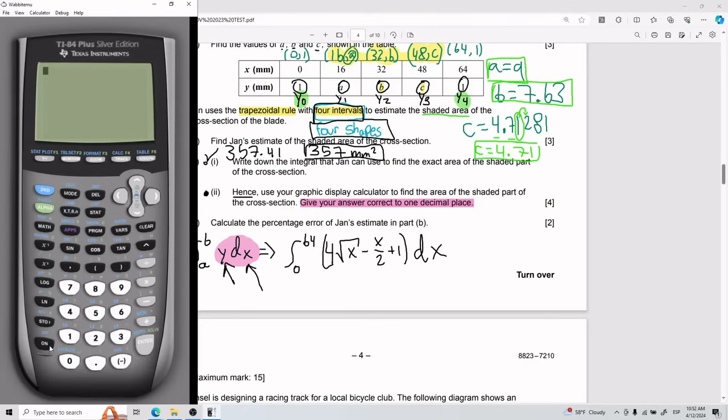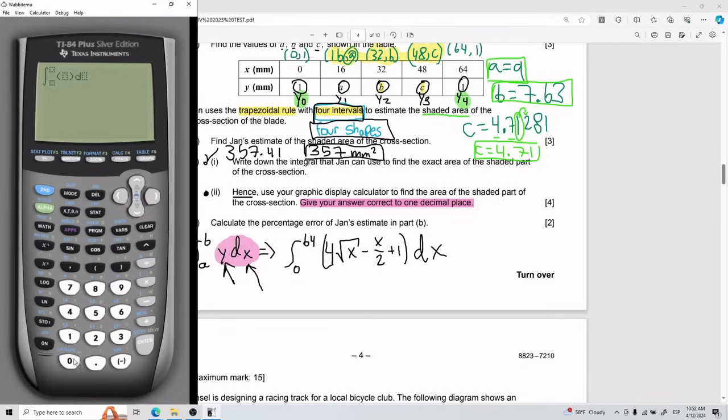Open up your graphing calculator, and you're going to press the math button. You have to scroll a bit, and eventually you find this thing that says fnInt. Think about it this way, it's like the function of the integral. You press it, and boom, there's everything you need.